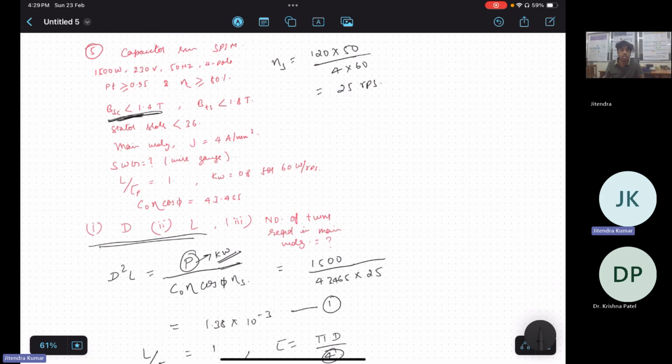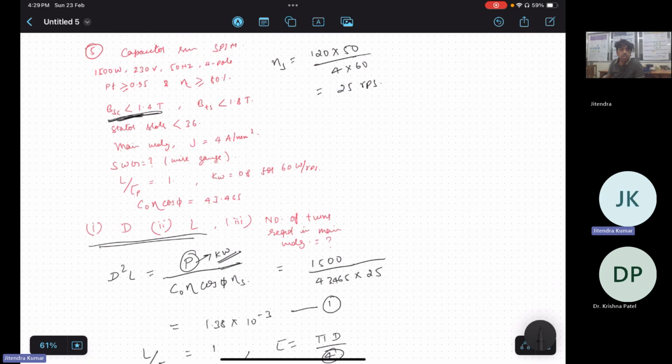I don't think the slot width is mentioned in the question here. If it is not mentioned in the question, how do we calculate it? Voltage is given, one winding factor is given.